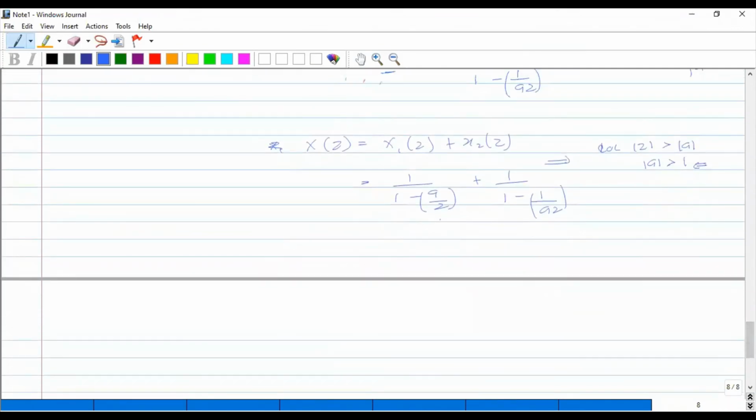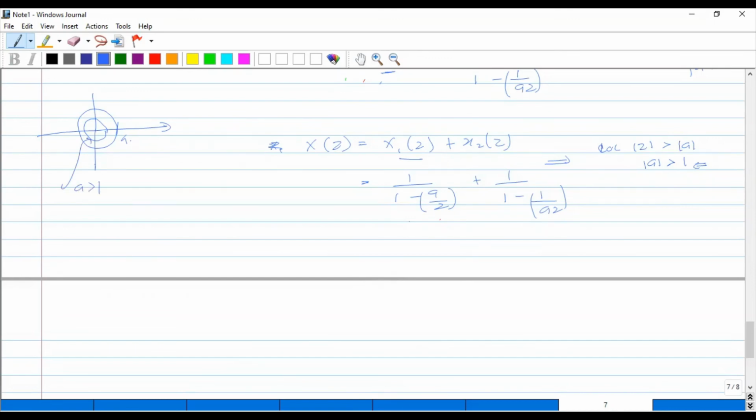So here I will draw the z plane. This is the z plane. The ROC for signal x1 is this, outside this circle a. And the ROC for the other signal, let's say it is inside this a, that means a is greater than 1.